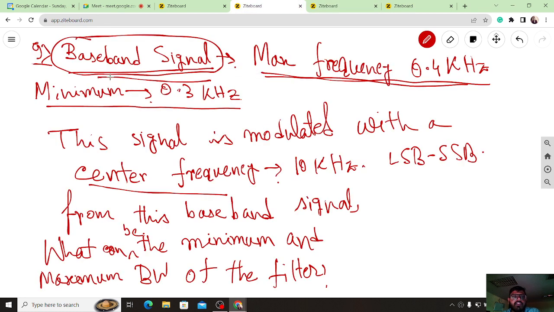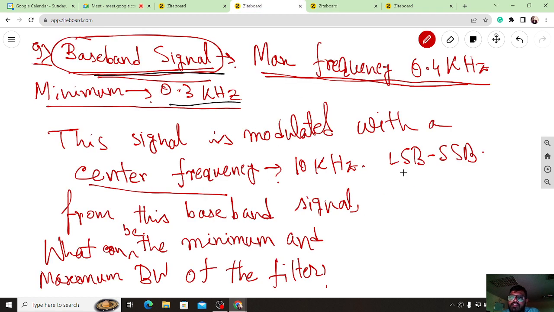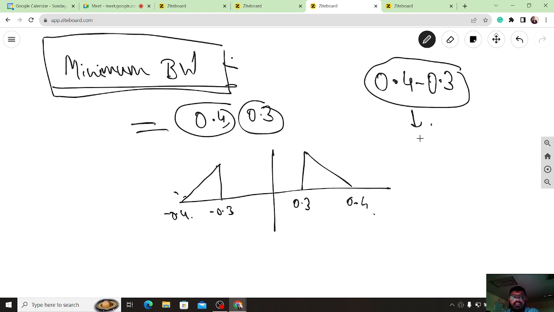This is the baseband signal. If I want to create an LSB SSB signal, it at least should have a bandwidth of 0.4 minus 0.3, that is 0.1 kilohertz.